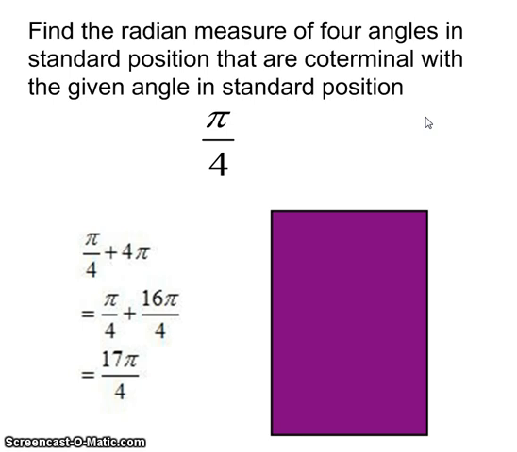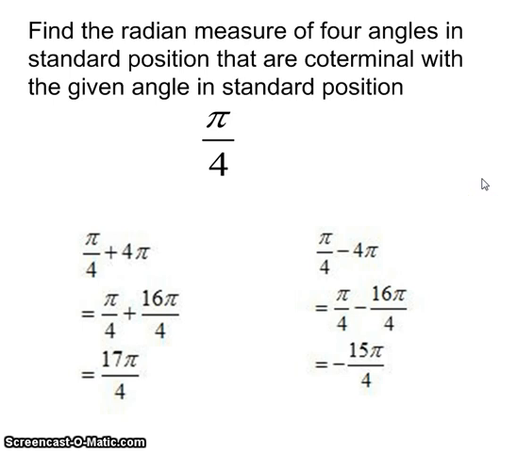Now I have 3 answers. And then for the 4th answer, I'm going to subtract 4 pi. So subtracting, common denominator, pi over 4 minus 16 pi over 4 is negative 15 pi over 4. Okay, so now you've seen some examples on how to find angles that are coterminal in radian measure.